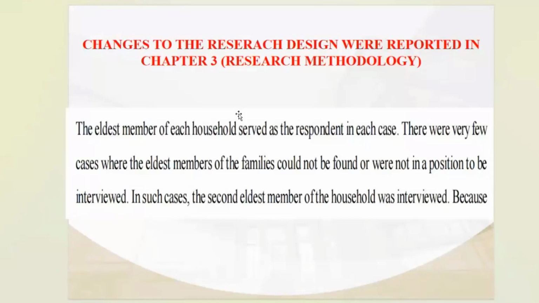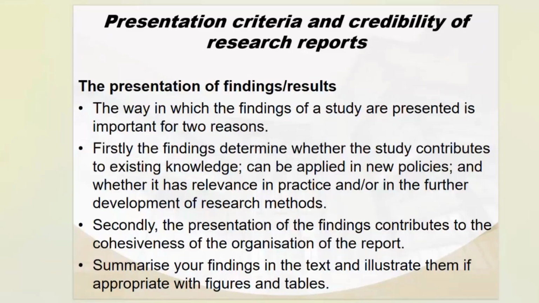So the decision in the field is that when the eldest person is not there, the second eldest is the one to be interviewed. All these things we are told we must record. This is the reason why I recorded this information and how I sorted out these limitations in the field. In other words, we have complied with what the literature says, and we are objective and straightforward in our dealings.